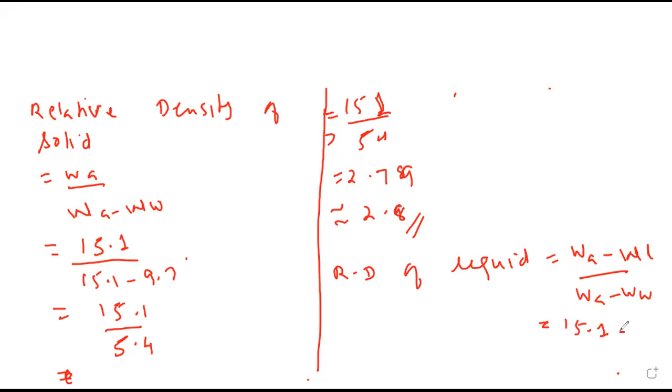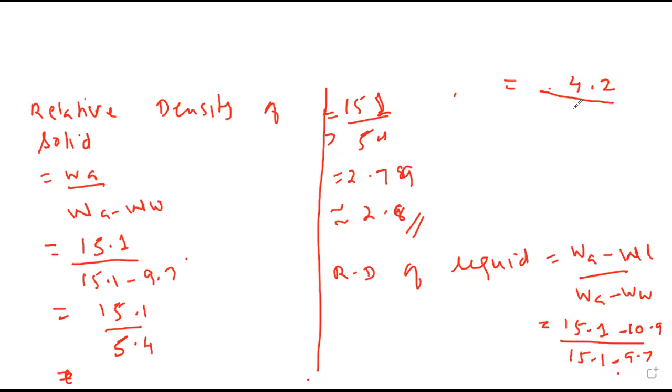15.1 minus 10.9, upon 15.1 minus 9.7. The numerator will be 4.2.